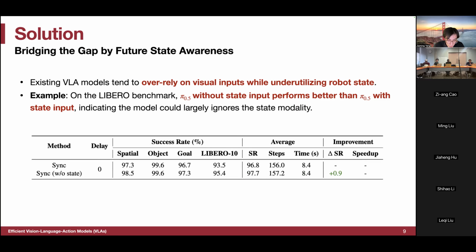We can somehow know the reason: we found the existing VLA models tend to largely rely on the visual input while underutilizing the robot states.